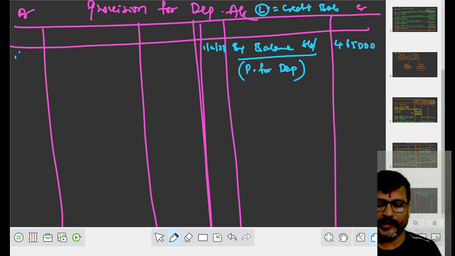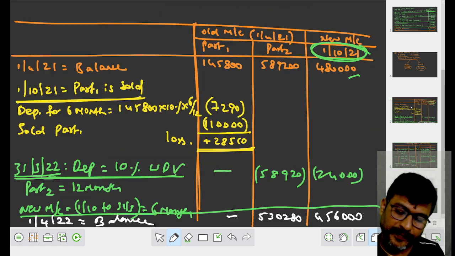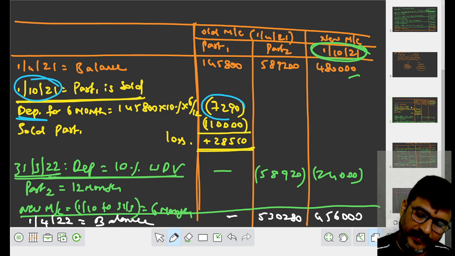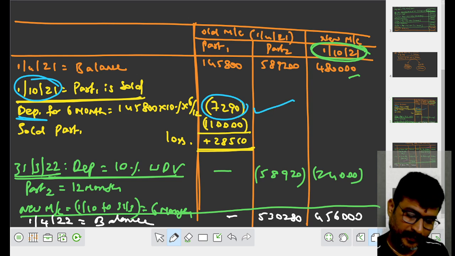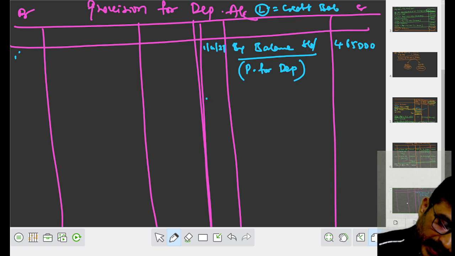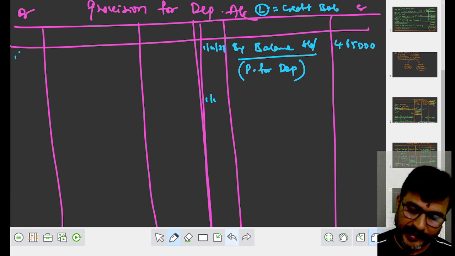Fine. This is on April 21, right? What happened in the 21 year? See, in October 21, there is a depreciation of 7,290. That is 1st October 21.